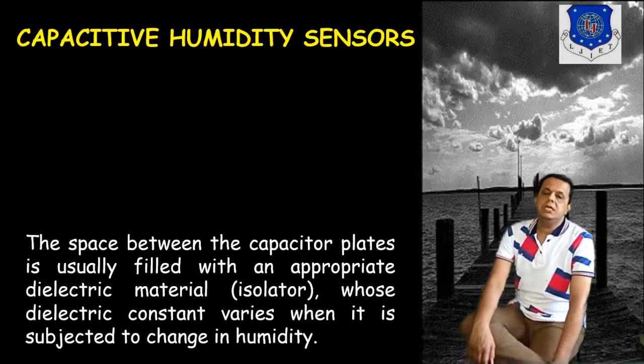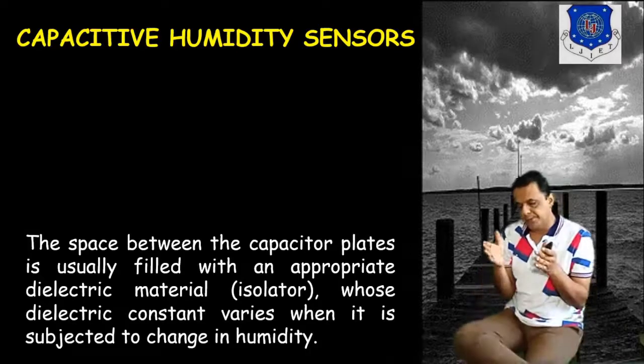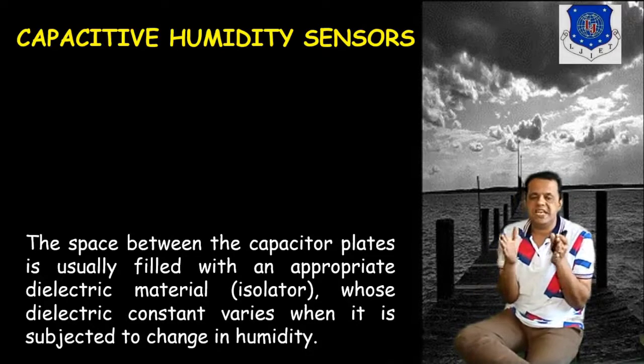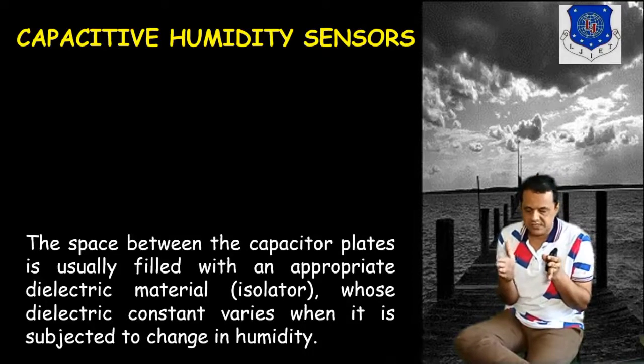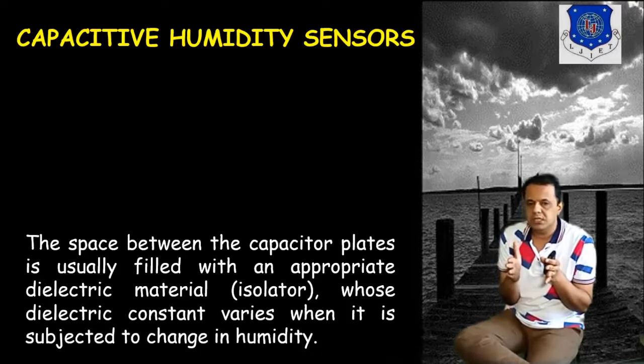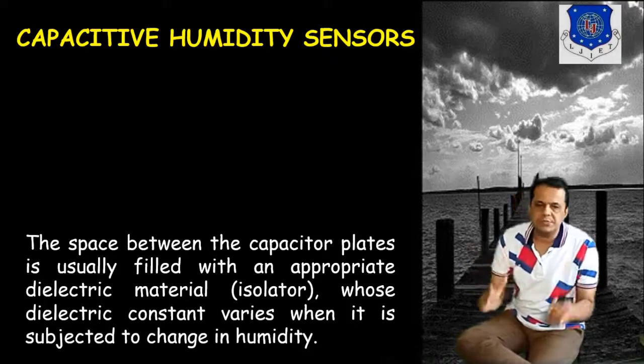So what we'll do is fill up the space between the capacitor plates with an appropriate dielectric material. It is also known as an insulator, but the insulation is in terms of electricity, while charges will accumulate on each plate.